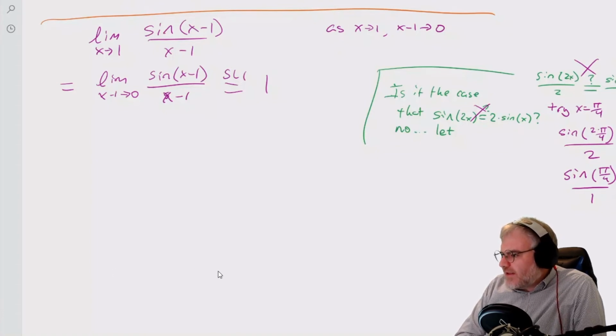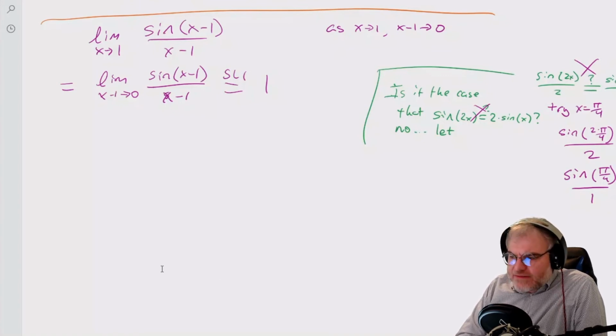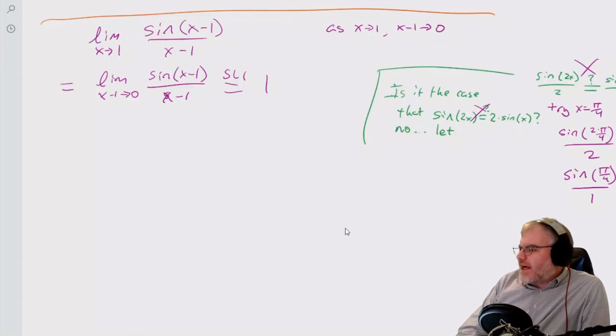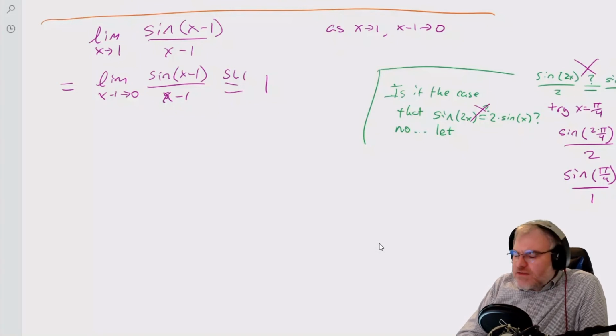What is this limit? This limit is just 100e to the pi, correct? This is a straight line. It's a limit of a constant. It's 100e to the pi. Okay.